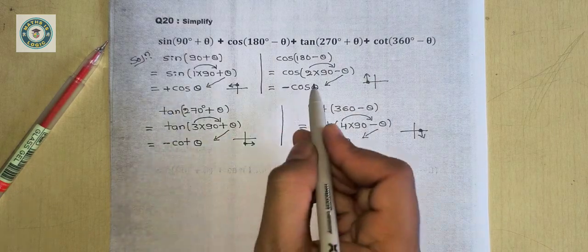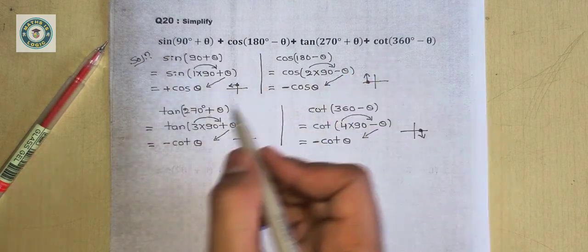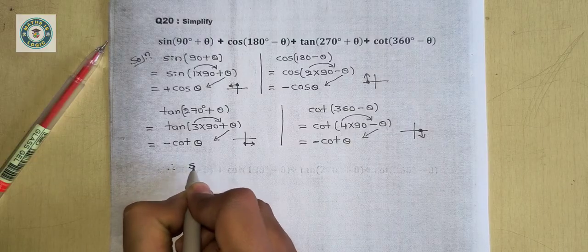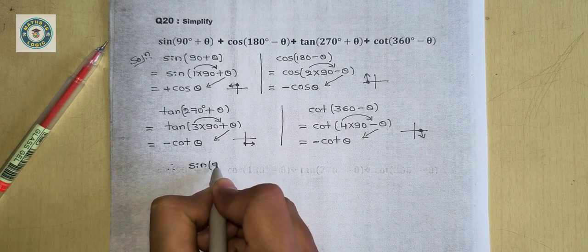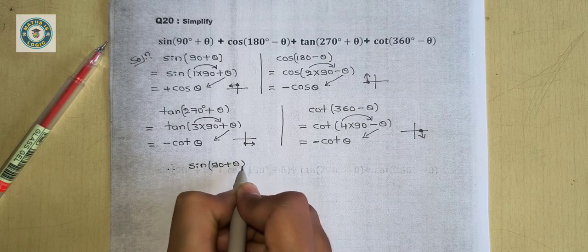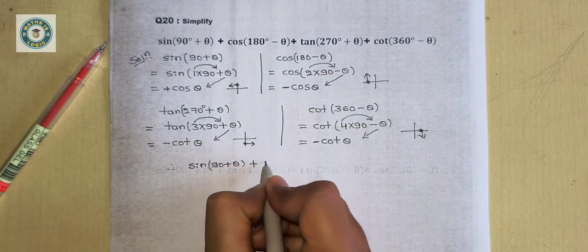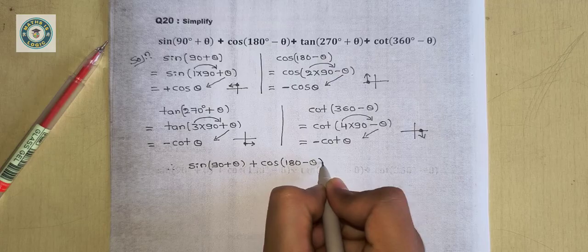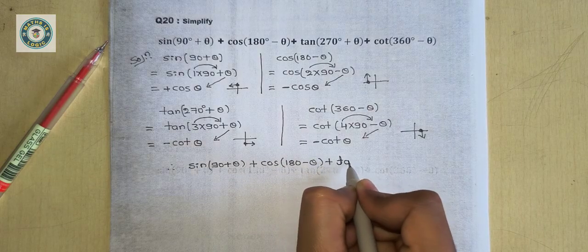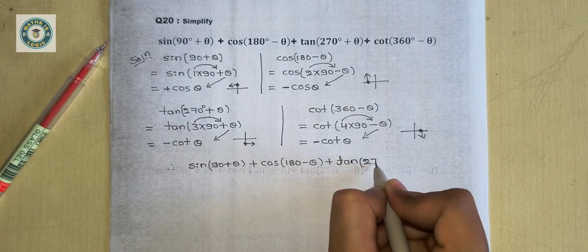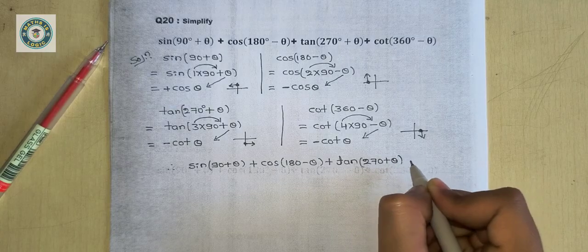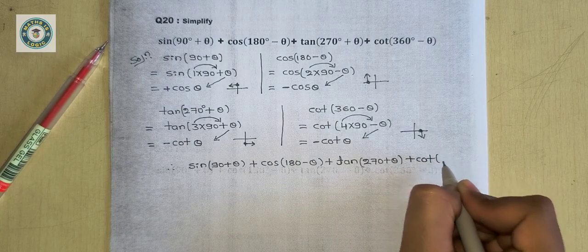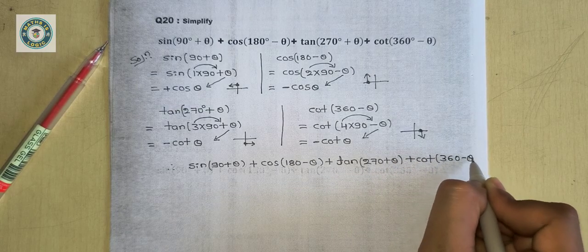Remaining means cot comes, therefore cot is negative in the fourth quadrant. So after finding all these values, note down the question. Therefore it is sin 90 plus theta plus cos 180 minus theta plus tan 270 plus theta plus cot 360 minus theta.